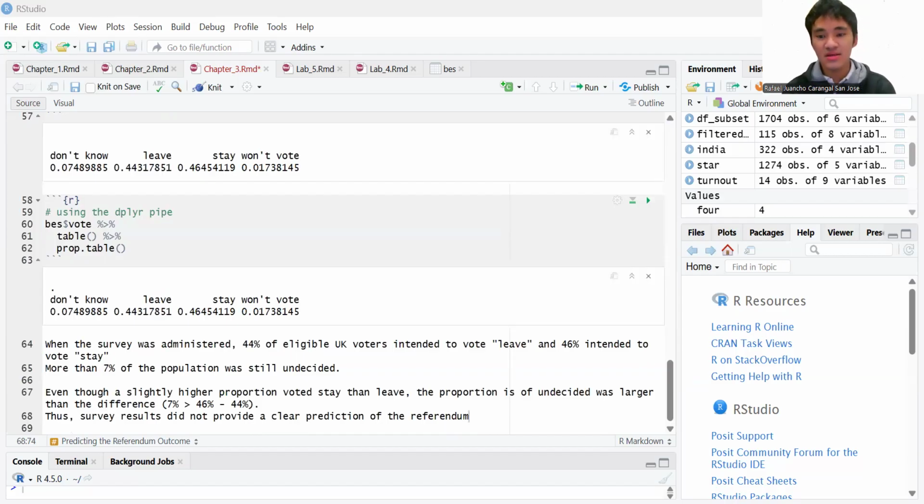But in reality, the referendum turned out to be quite close, right? The leave camp received 51.9% of the vote, and the stay camp received 48.1% of the vote. Thus, the leave camp won with a margin of only 3.8 percentage points. I think this is real life.